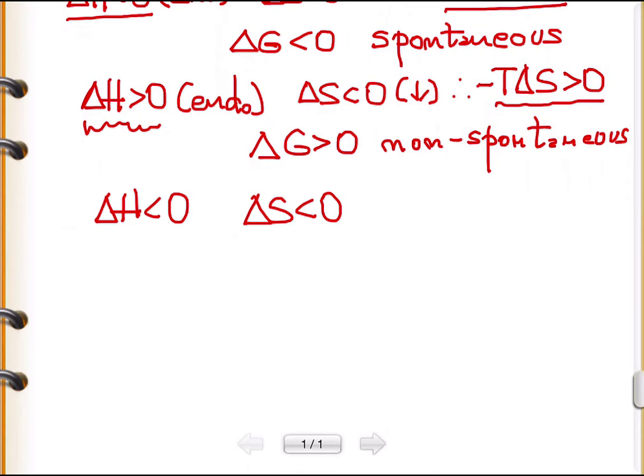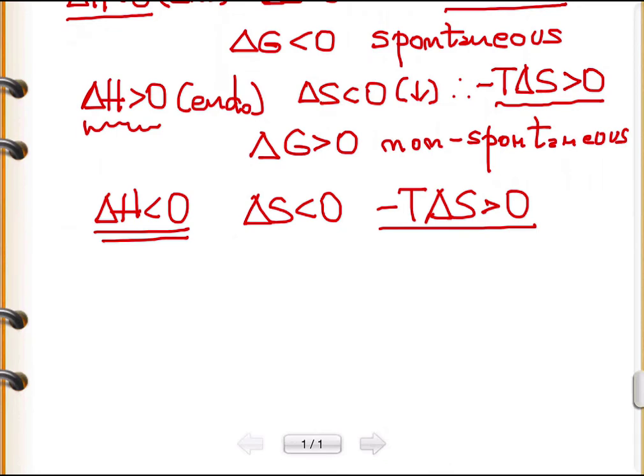So from the point of view of the enthalpy, it favors the reaction, but the entropy does not favor the reaction. So what matters at the end is the overall contribution. So if delta S is less than 0, minus T delta S is going to be larger than 0. So now, one goes in one direction and the other one goes in the opposite direction, right? The two terms of the equation.